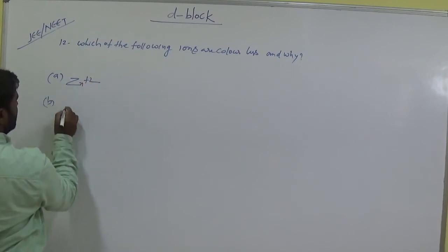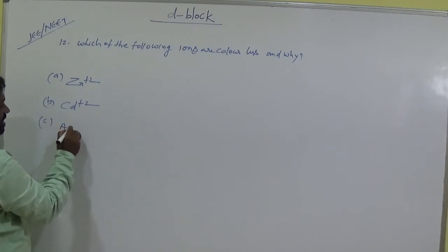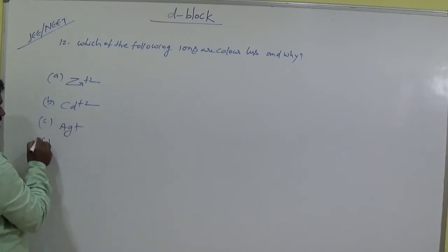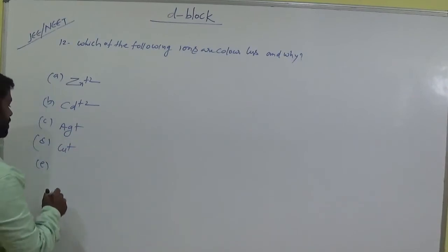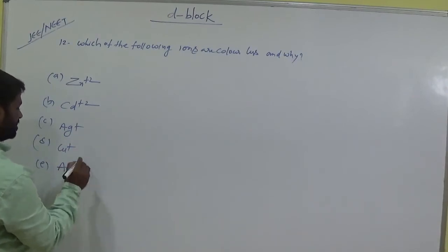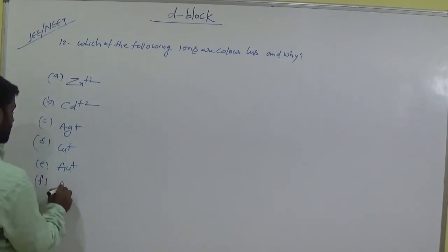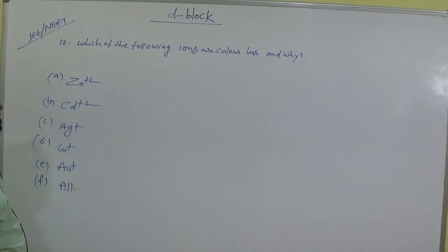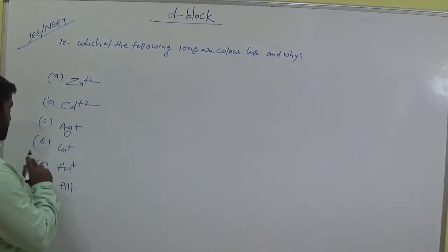Option B, cadmium plus 2. Option C, Ag plus. Option D, Cu plus. Option E, Au plus. Option F, all. So which of the following ions are colorless and why? Option F is the correct one.